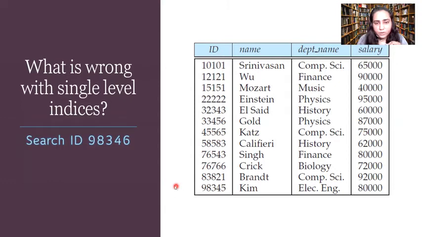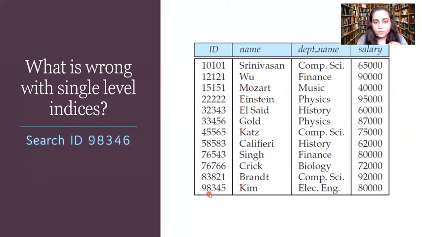And when you're working with a DBMS, you will get these types of queries. It's not that people are always going to ask for data that is present in your system. Sometimes you might get a query for data that's not present. And at that time, if you're using a single level primary index, you would have just wasted time in comparing this index with all other indices in the hope of finding this.